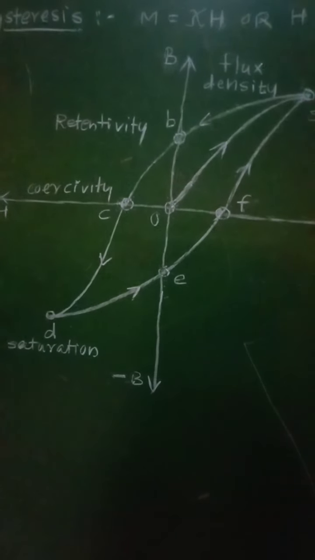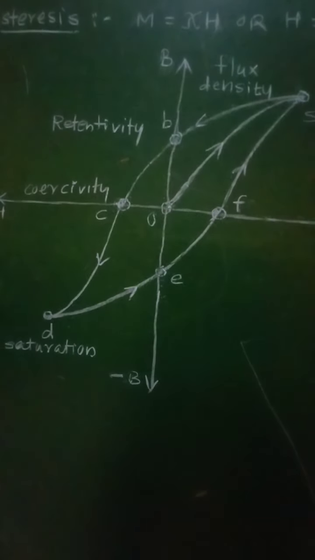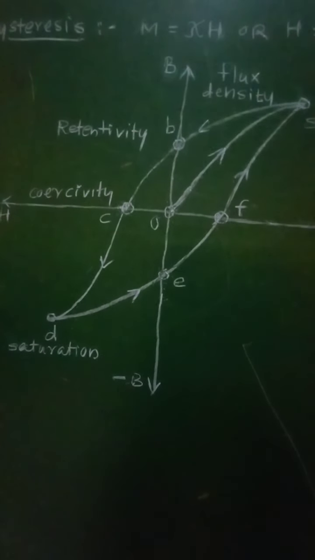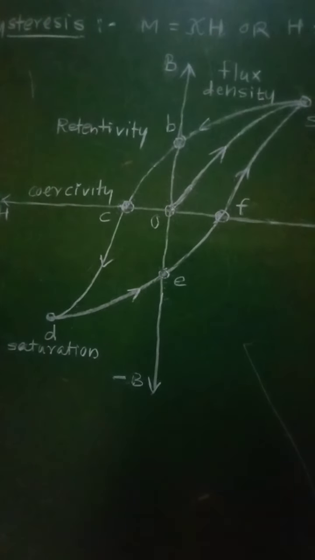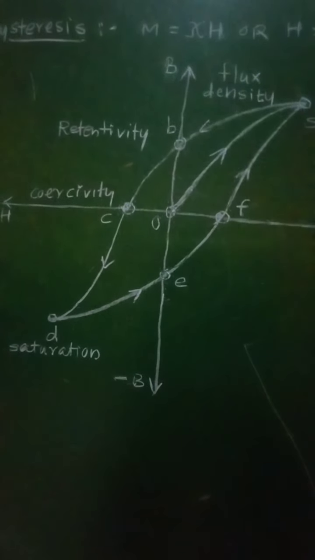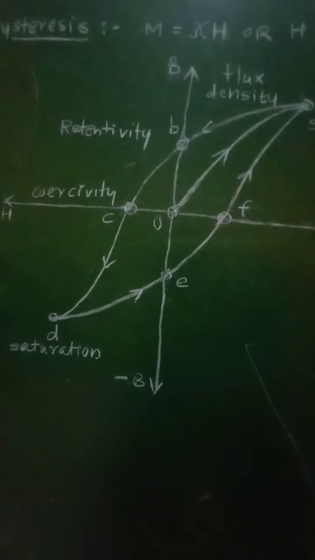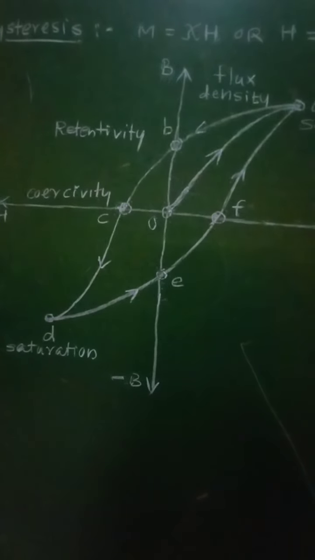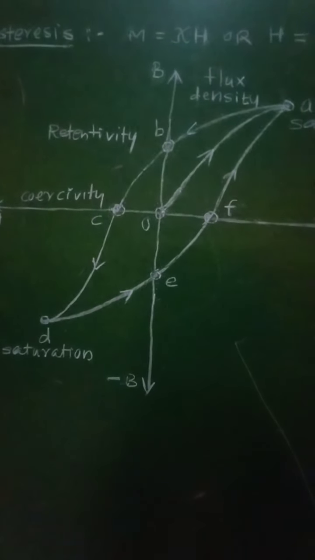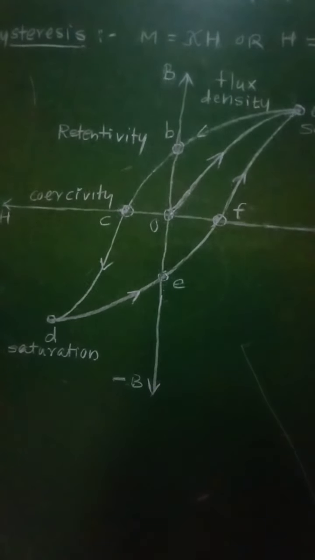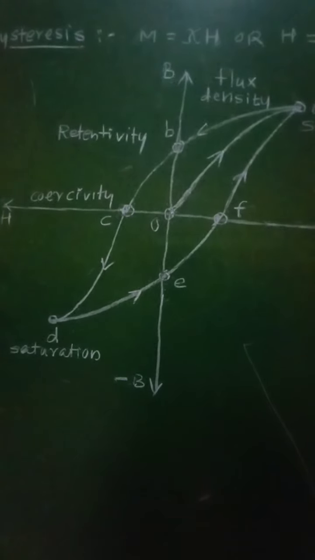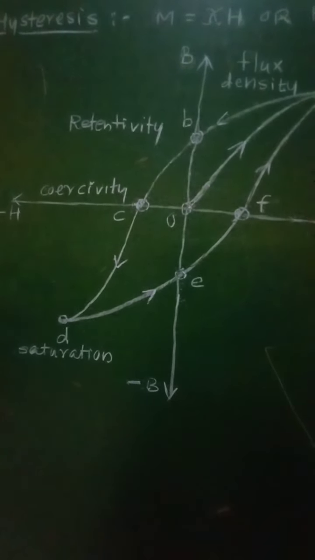At this stage, if the current through the solenoid is now decreased, the earlier part OA of the graph is not retraced. When H is equal to 0, we do not get B equal to 0. This value of B, when H is equal to 0, is called retentivity.